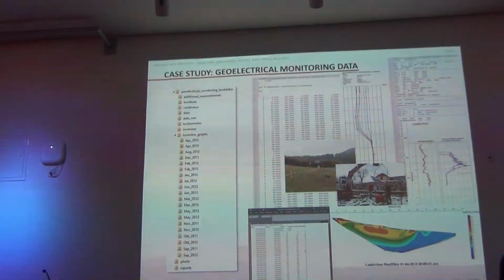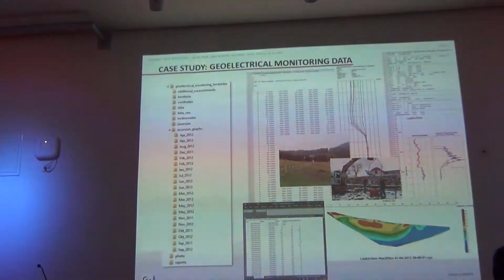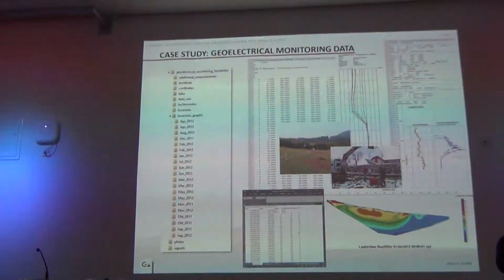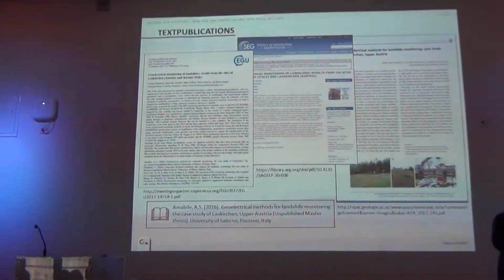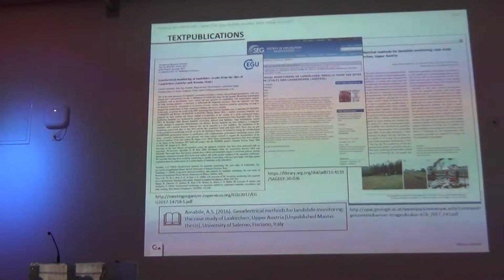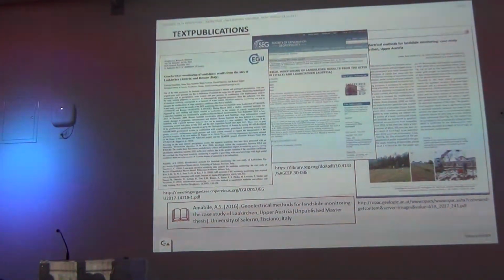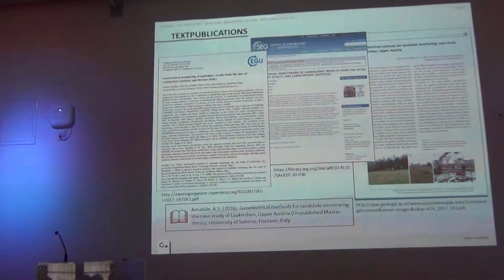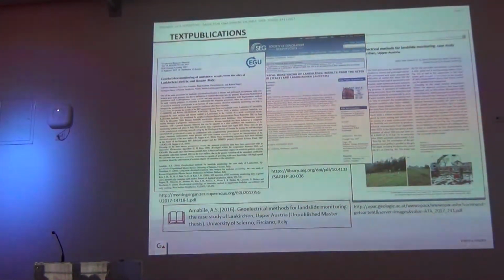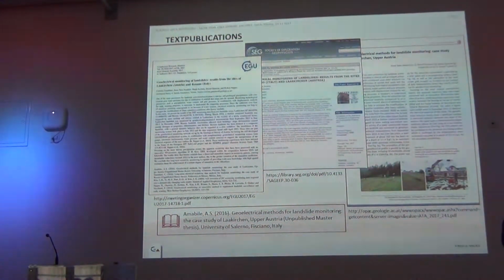You will find tables, you will find diagrams, graphics, photographs, you will find doc files, and a lot of numbers. So some of these data are already published in form of articles, and even from this dataset exists a master thesis. So the research community already knows about this data, so the data exists.